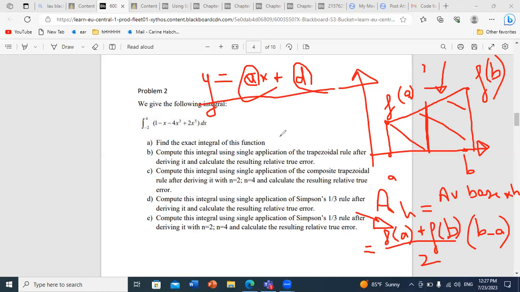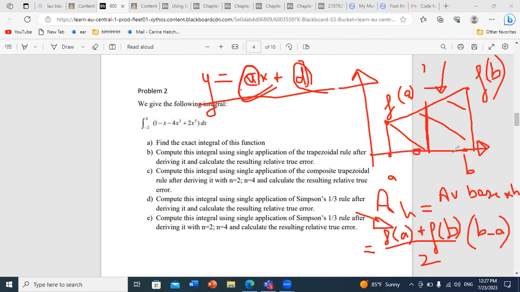Now, if you want to use the composite method... Doctor, is Gauss quadrature considered a derivation or not? Gauss quadrature, the trapezoidal rule is a particular case where I take the extreme points, while Gauss quadrature doesn't take the extreme points; it takes any points in between. So in Gauss you have 2 additional unknowns, because not only are you searching for the coefficients C and D, but you are also searching for the points.